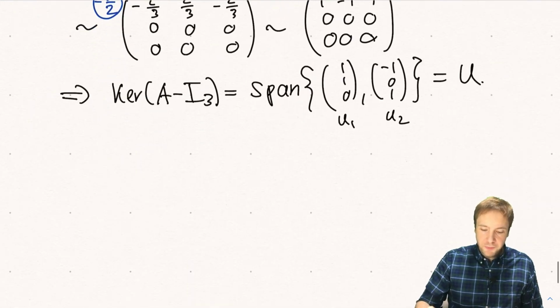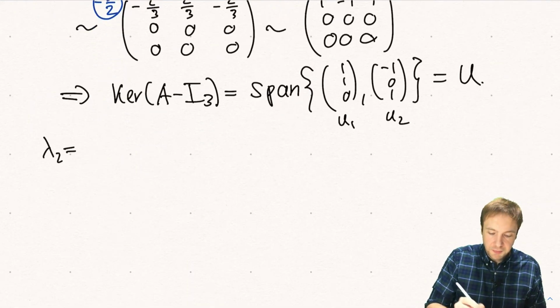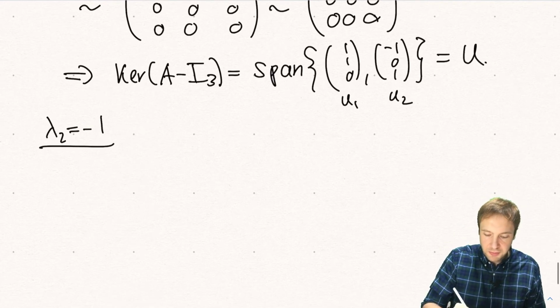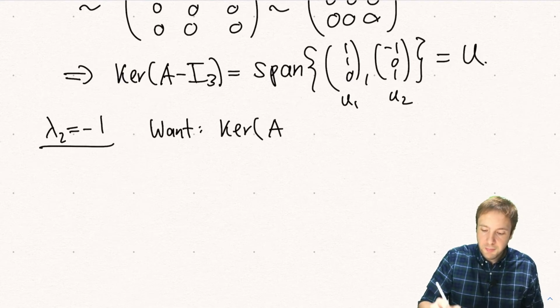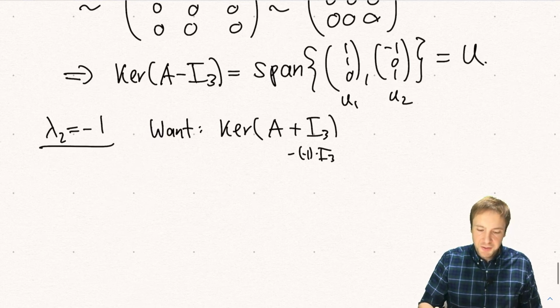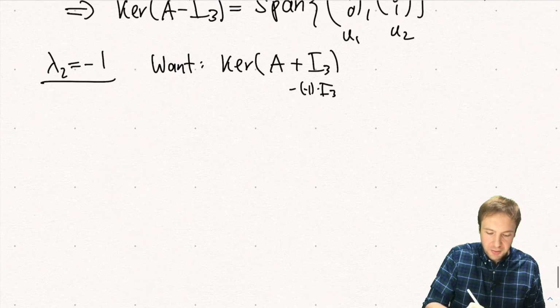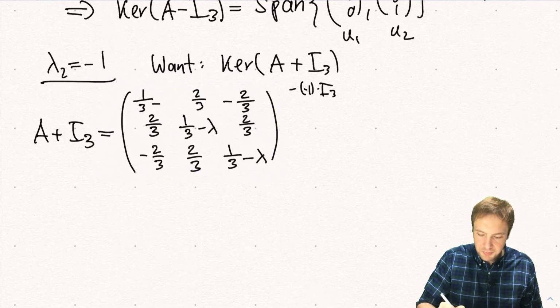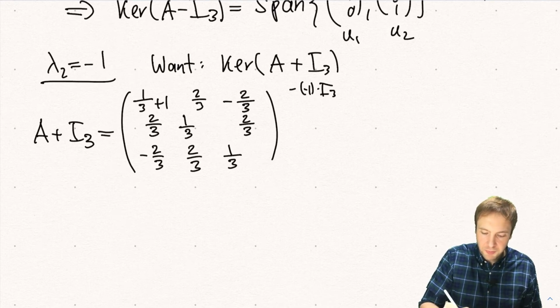Okay, and for the eigenvalue lambda 2 is minus 1, we need to calculate, we want the kernel of A plus I3, plus because it's minus 1 times I3. So A plus I3 is this matrix here, but we add in minus 1, so we add plus 1 here.